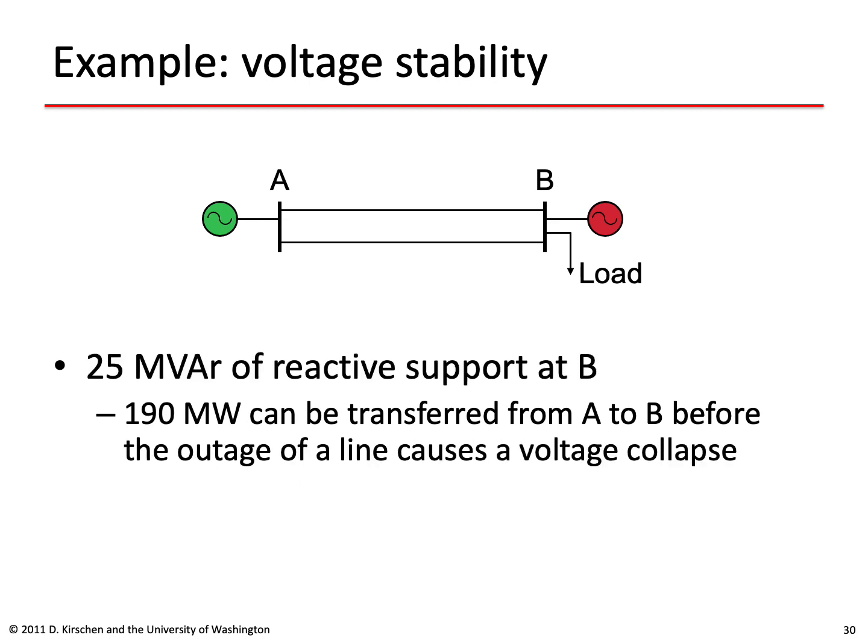However, if we have 25 megavar of reactive support at B, then calculations show that we can allow A to sell 190 megawatts to the load connected to bus B before an outage of a line would cause a voltage collapse.